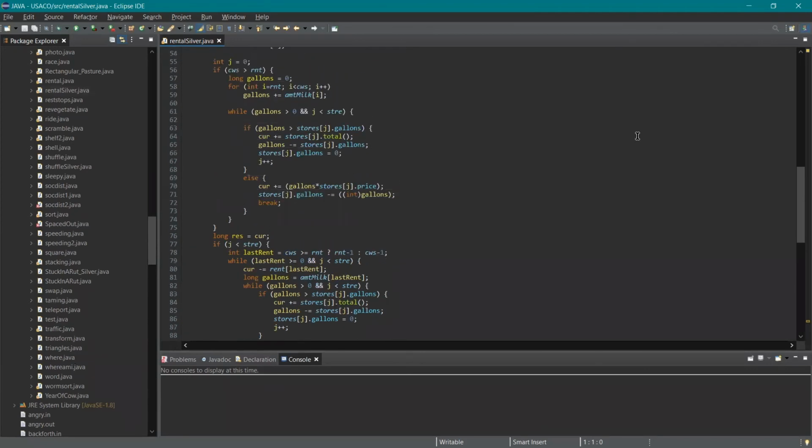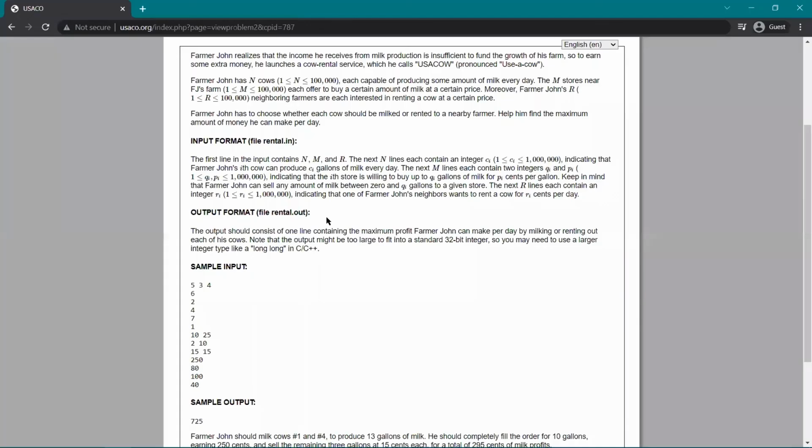So remember the question, the sample input? Okay, so remember the 1, 2, 4, 6, 7, and then the prices we had. So 7 times 25 would be 175.